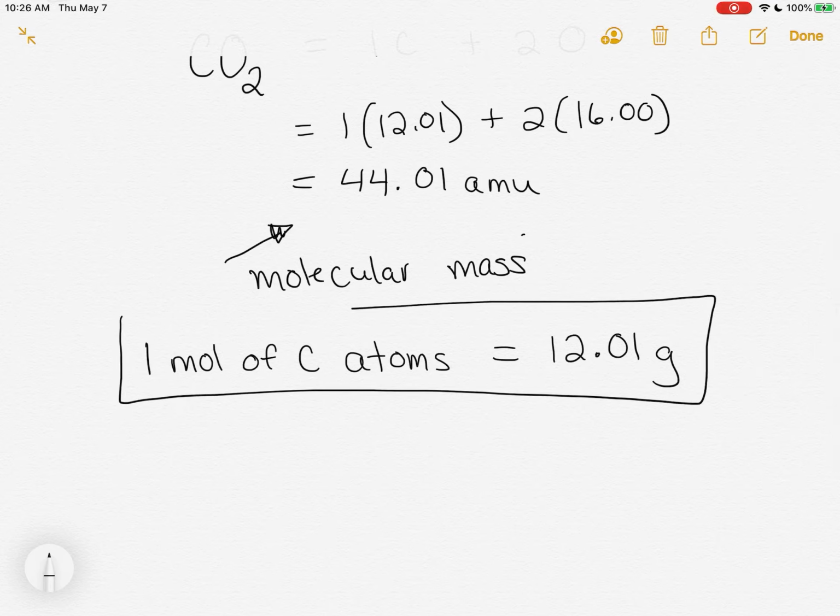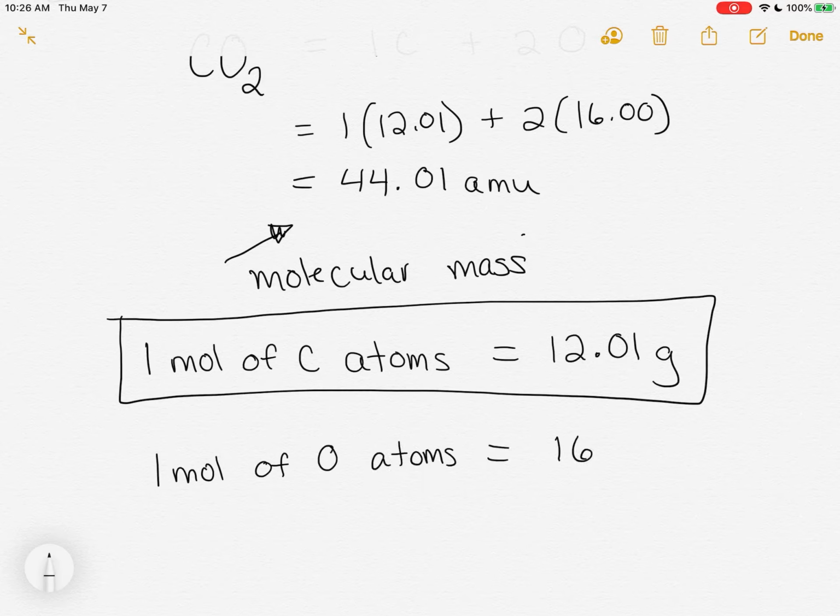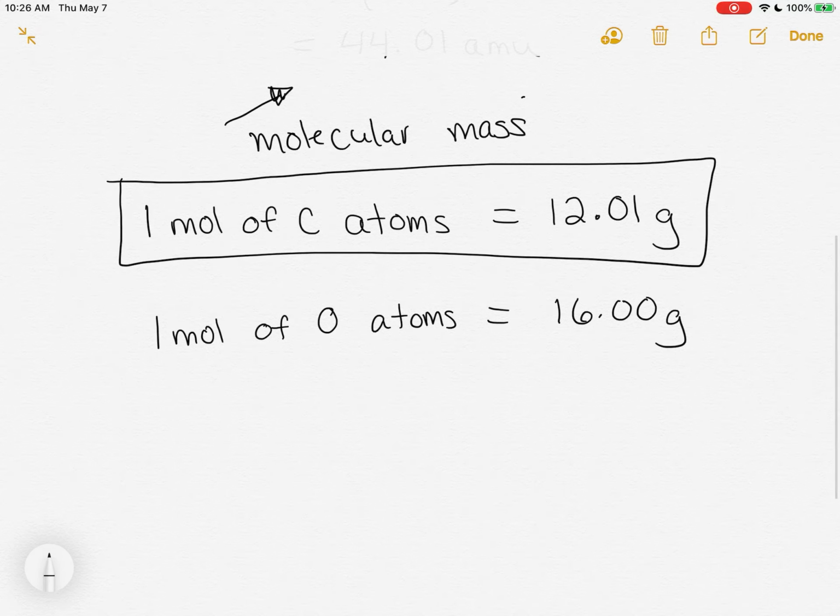So 1 mole of carbon atoms equals 12.01 grams because that's its atomic mass from the periodic table. If we had 1 mole of oxygen atoms, same thing, only it would be 16 grams.